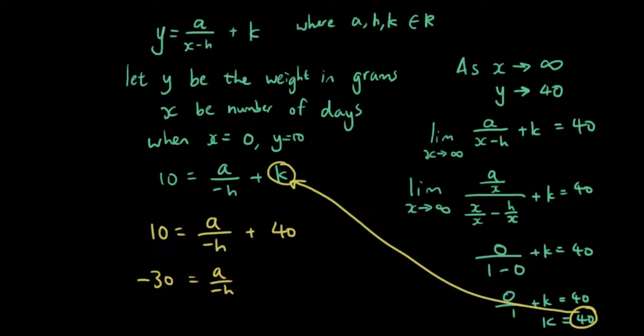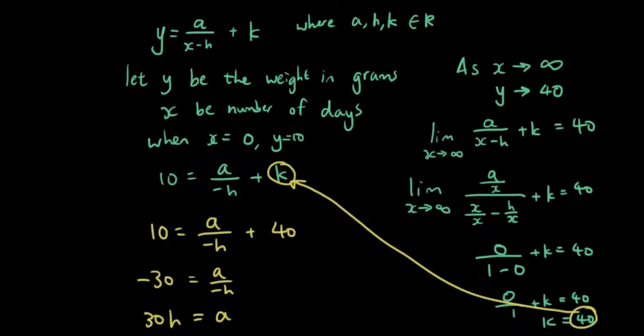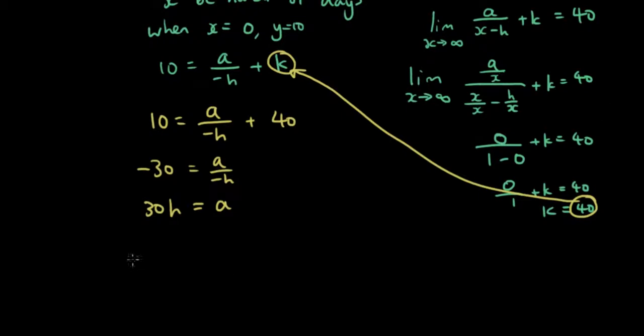Rearranging this to make a the subject, I then have a equals 30h. And now I have an expression for a in terms of h. Then I can go back to my original equation, and that is y equals a over x minus h plus k.